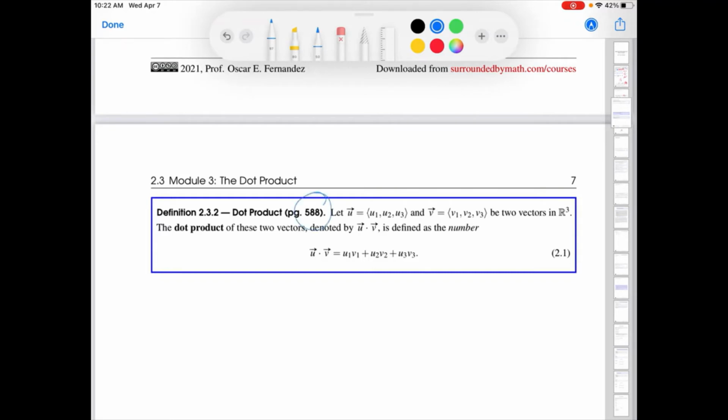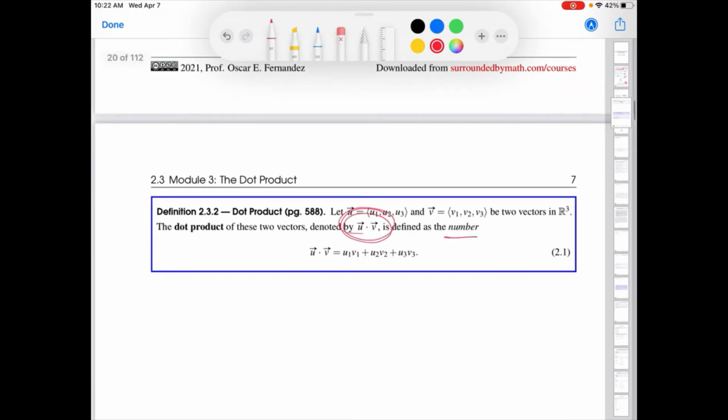So this is on page 588 of the Apex Calculus book. It says, suppose I have 2 vectors u and v in R3. The dot product of these 2 vectors, the new notation here is u dot v, so that's this notation up here. The dot product u dot v is defined as the number this. So first of all, the dot product is a number. So that's very important to remember.